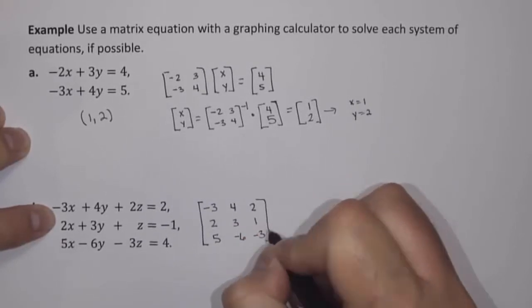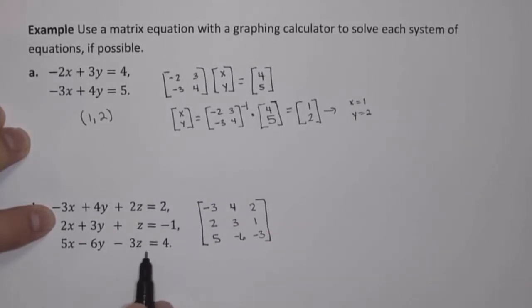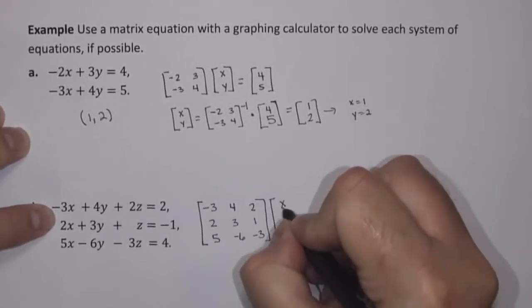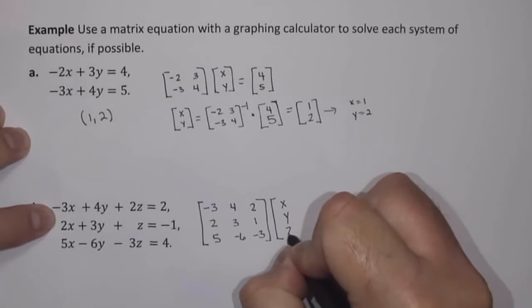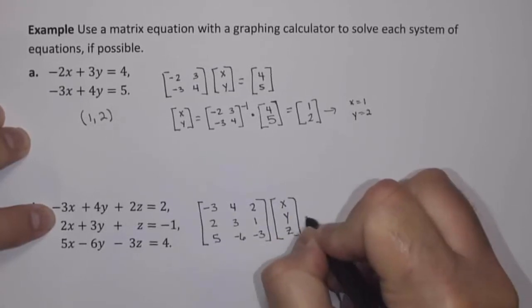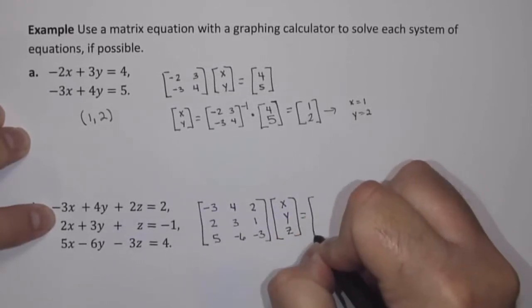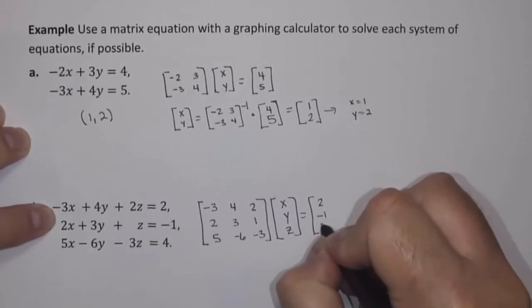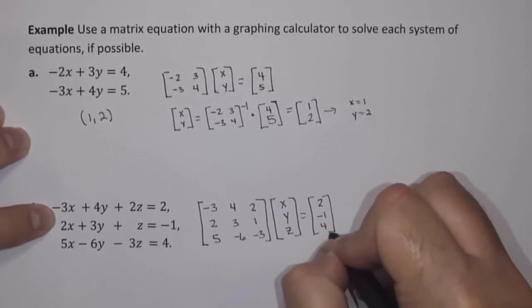So this is my coefficient matrix for this system. Times the variable matrix. The variable matrix is going to be x, y, z. And that's going to equal my constant matrix, which is going to be 2, -1, 4.